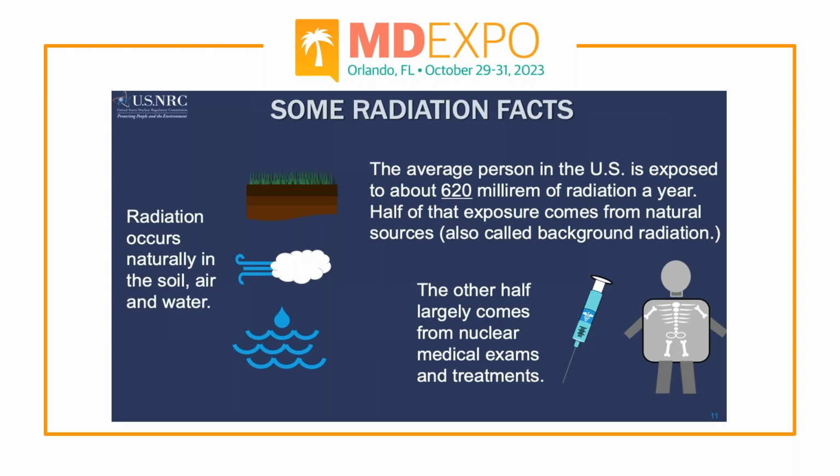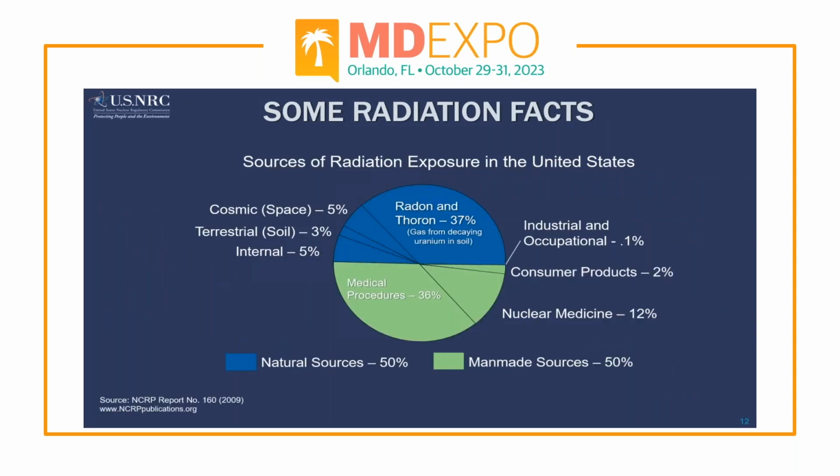And on the average, some radiation facts: the average person in the United States is exposed to about 620 millirem of radiation per year. Half of that exposure comes from natural sources, which is your background radiation, and the other half comes from medical exams. About 36% of the sources of radiation come from medical procedures.